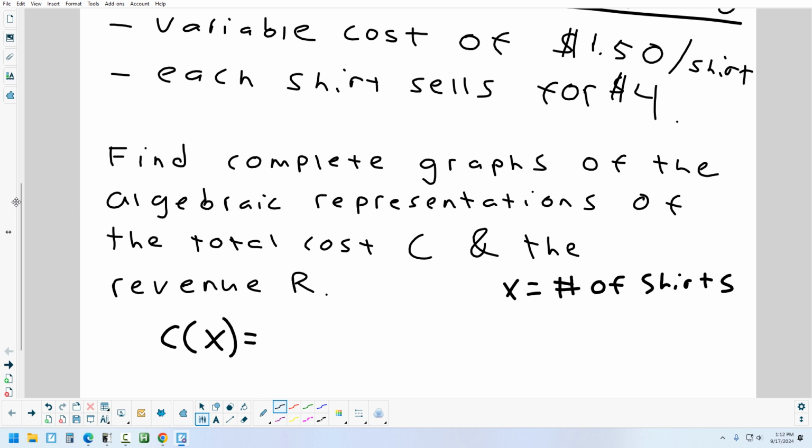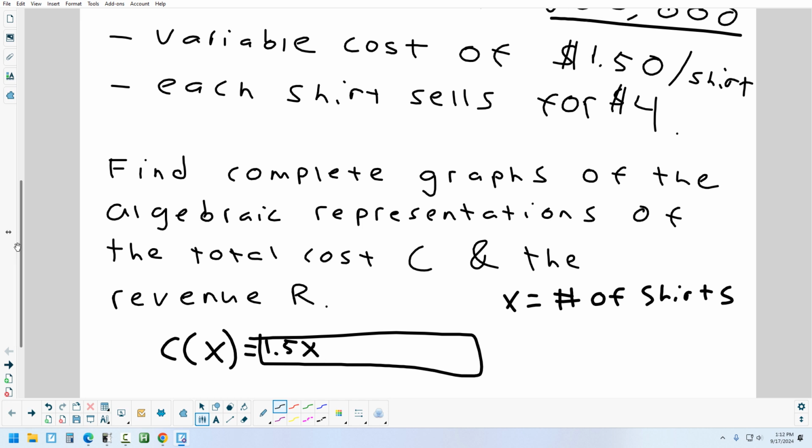X is the number of shirts, so what would we put right here to represent that? Yep, $1.50 or 1.5x. So the costs are going to be $1.50 per shirt, plus there's another cost.